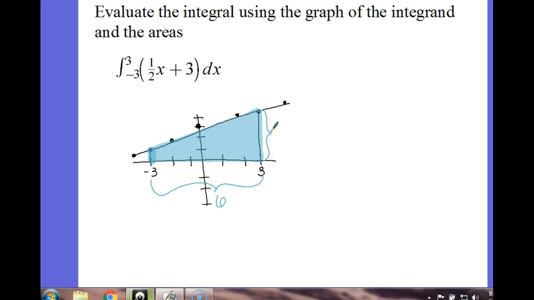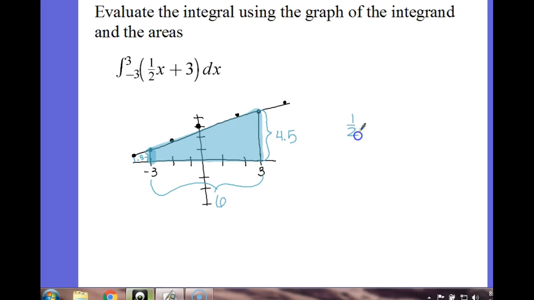And at -3, it's 3 minus 3/2, which is 1.5.